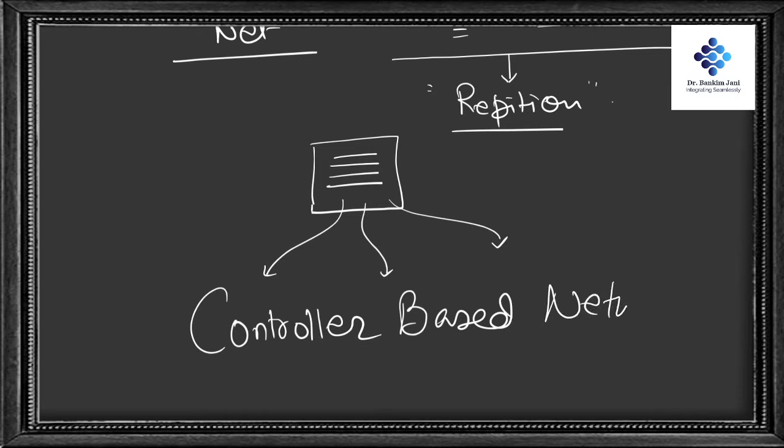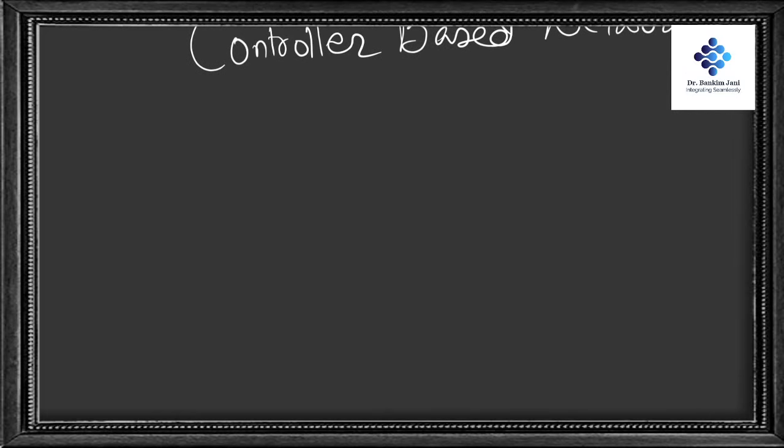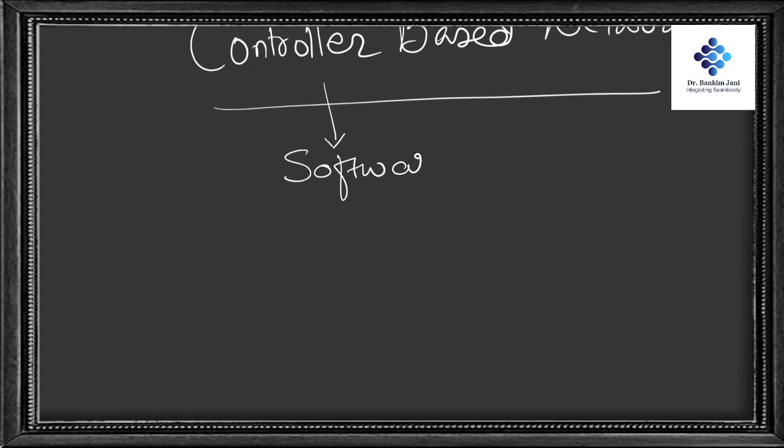Now in case of controller based networking, we need to understand certain concepts, and those concepts are that this controller is nothing but a piece of software, and it is this software which will be controlling the rest of the networking.